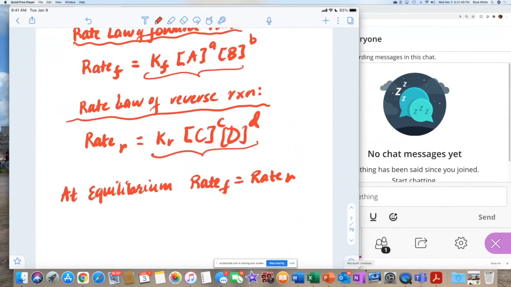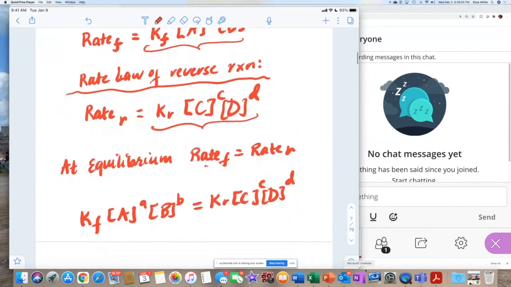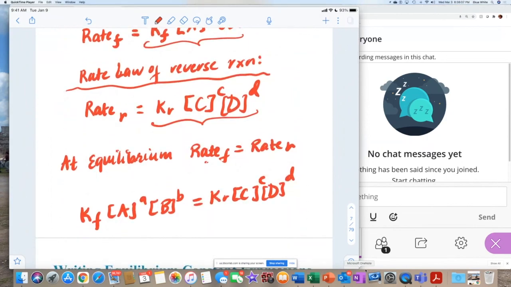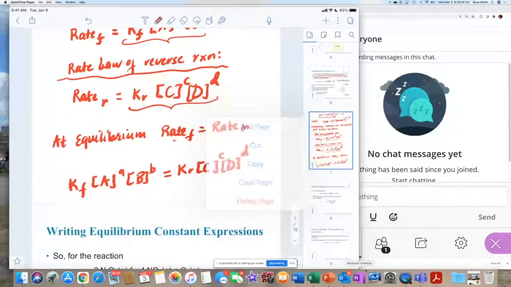So I'm going to write in the place of rate forward, since rate forward is equal to kf, A power a, B power b, and then reverse is kr, C power c, D power d. Now I can sort this out. Let me see what I get.